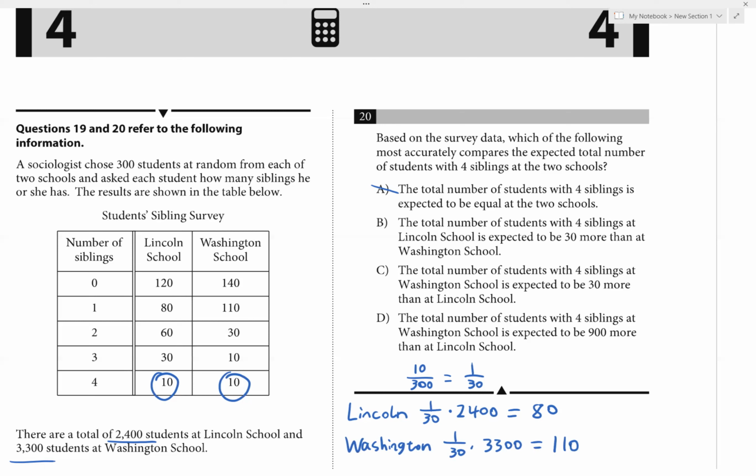It's a larger population. Now if we compare them, who has more? Washington School should have more. That's 110 students, so Washington School should have 30 more than Lincoln School.